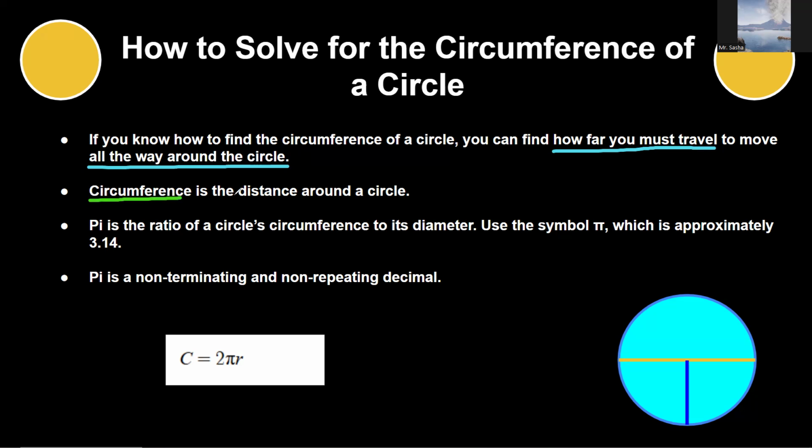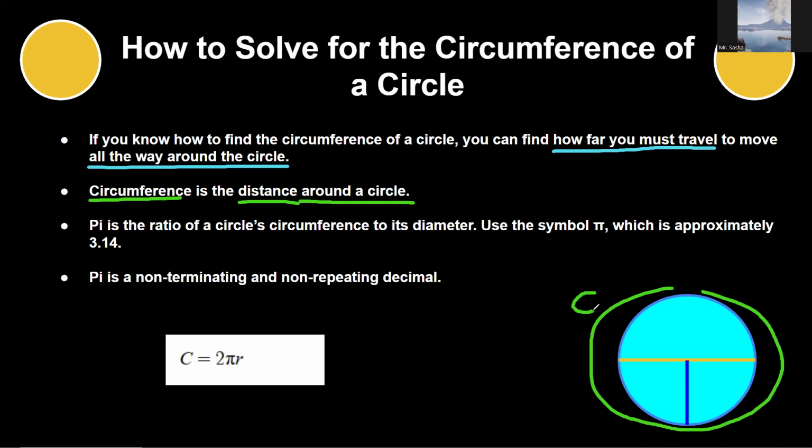Circumference is the distance all the way around a circle. This is the circumference. And we have a ratio called pi. Pi is the ratio of a circle's circumference to its diameter.